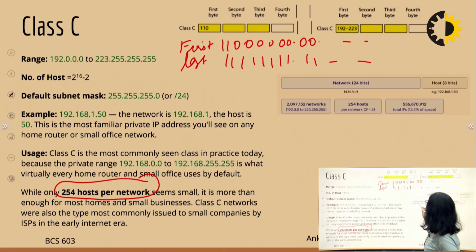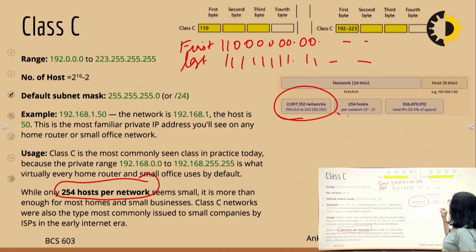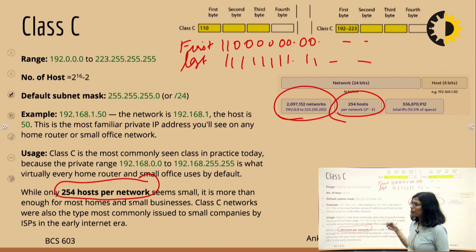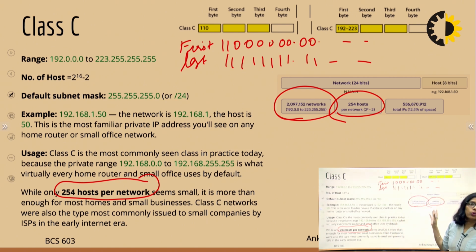So here also the number of possible networks is this, and the number of hosts is 2 raised to power 8 minus 2, which is 254. So these are my number of possible networks and number of possible hosts. You can see 254 is very less. If the number of hosts in my network is huge, it will be very difficult to cover in class C.